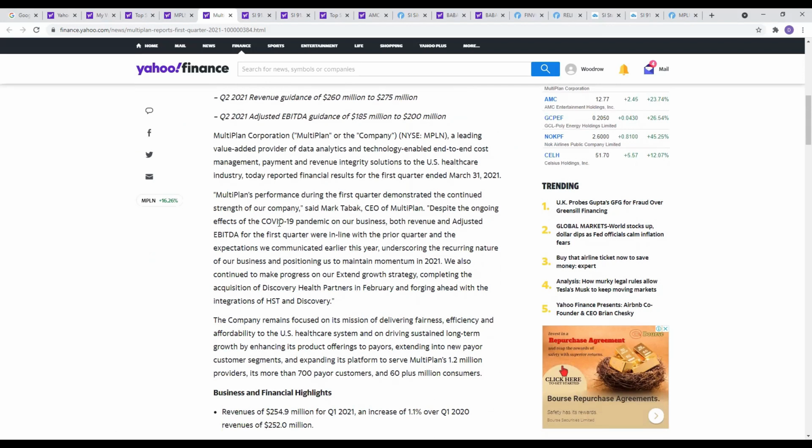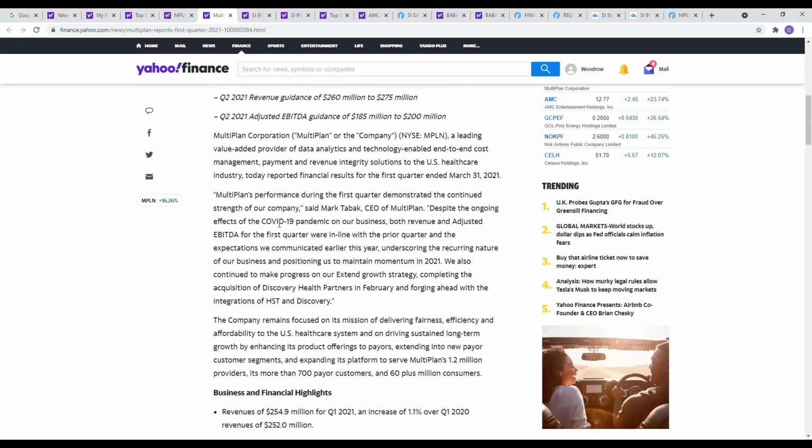So basically, the reason why this company's stock price is going up is because it reported positive financial results, positive earnings, positive profits.